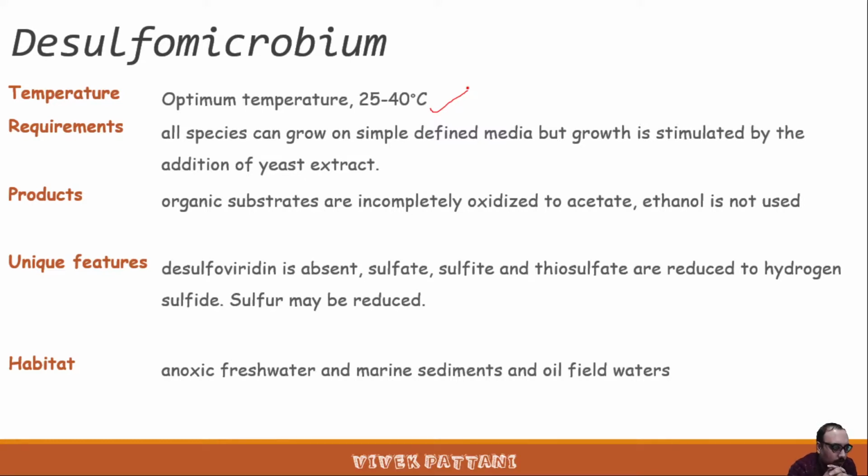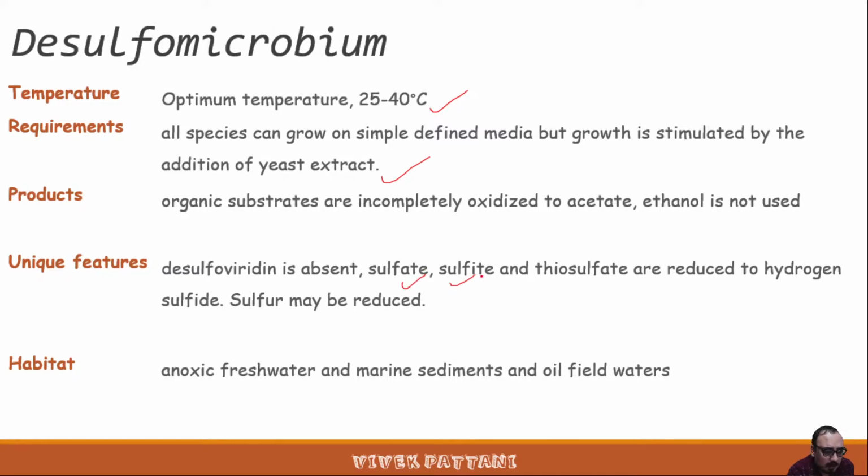Requirements: they can grow in simple media, but growth can be stimulated by using yeast extract. Organic substances are incompletely oxidized to acetate, and ethanol is not used, and desulfoviridin is absent.